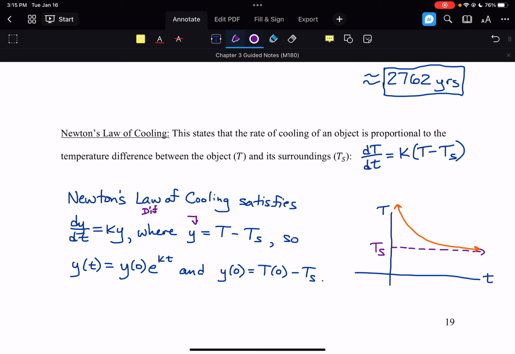And y of t, the function that we can use to solve this problem, is y of 0 times e to the kt, with y of 0 being the initial difference in temperature, right? So that's the starting temperature minus the surrounding temperature of the medium that it's sitting in. So this is the initial difference in temperature.